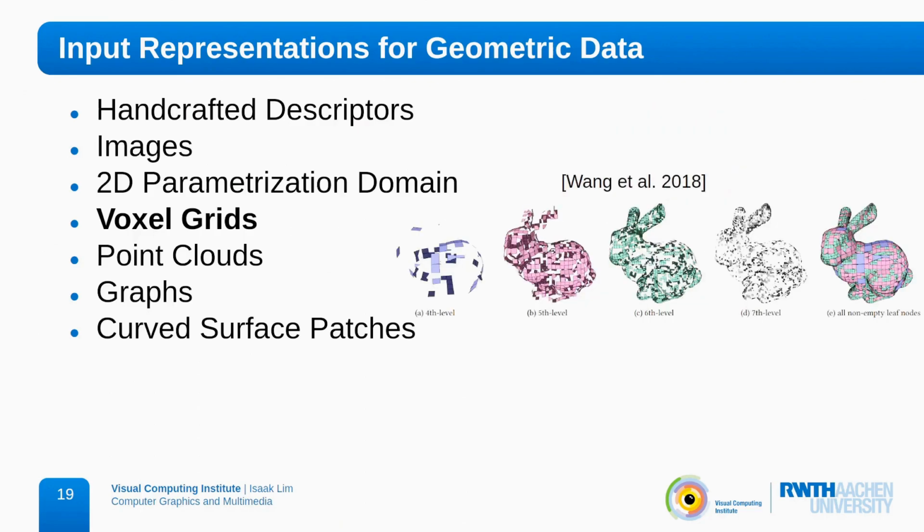Another approach is to use spatial hierarchies, for example, an octree here, and then we can define convolution operations at each octree level and use that to implement a memory-efficient convolutional network on relatively high-resolution data.